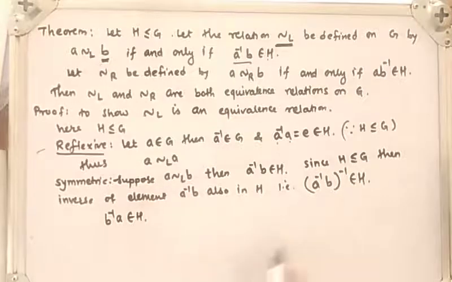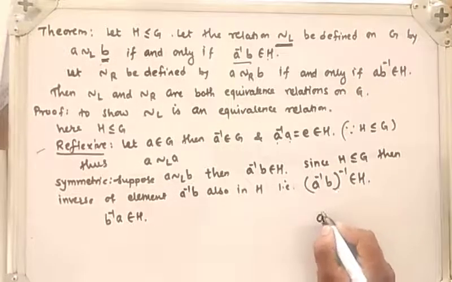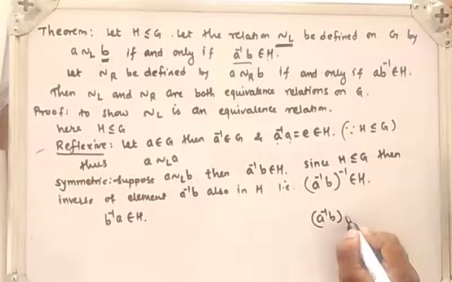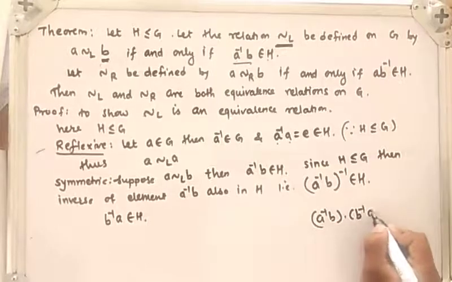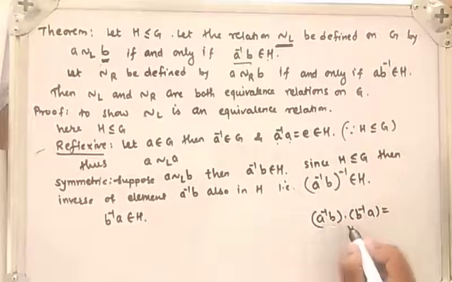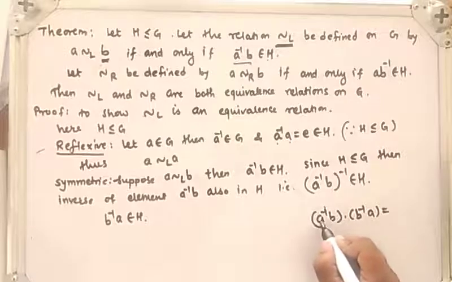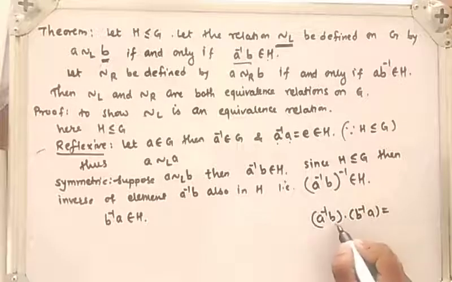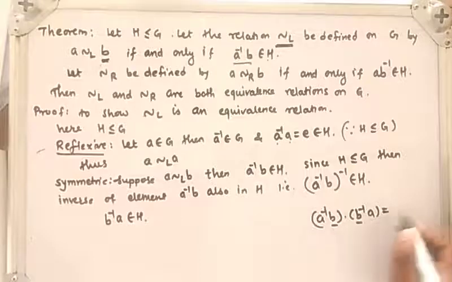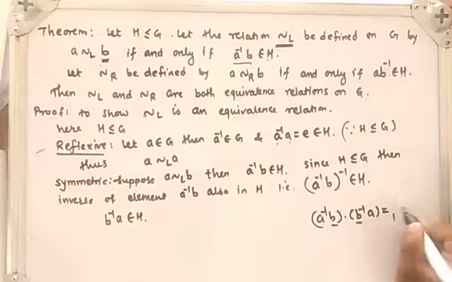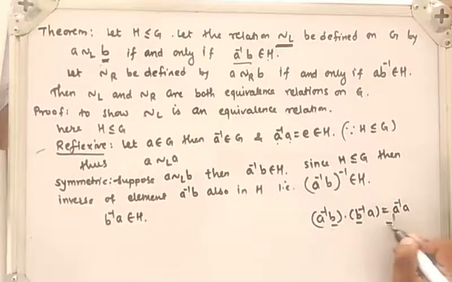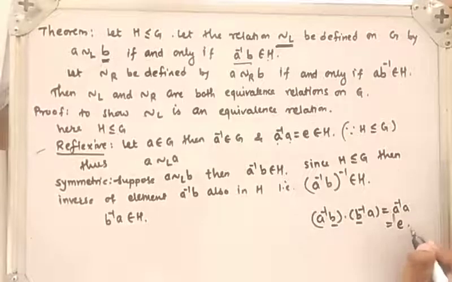Because here, A inverse B into B inverse A is equal to what? B into B inverse gets cancelled, so finally we get A inverse into A, which is identity.